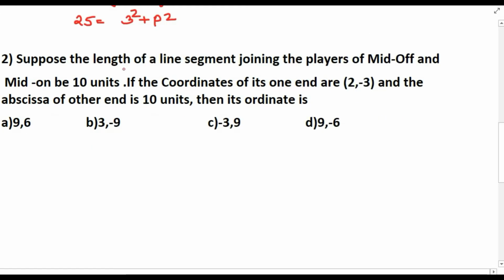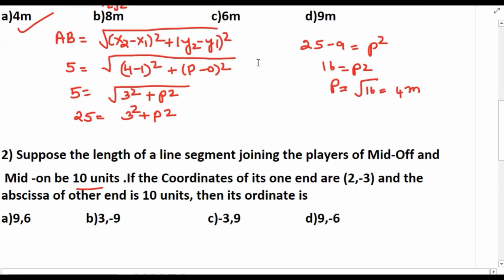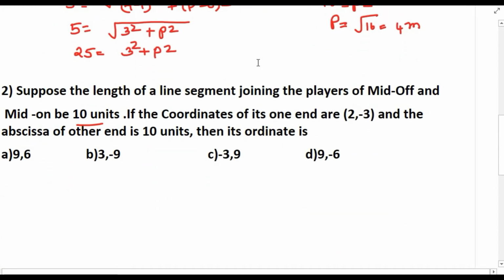Now the next one. Suppose the length of a line segment joining the players of mid-off and mid-on be 10 units. So in the figure we can see mid-off and mid-on, the line segment joining them, the distance between them is 10 units. One end is (2, minus 3) and the abscissa of the other end is 10. We need to find the ordinate.